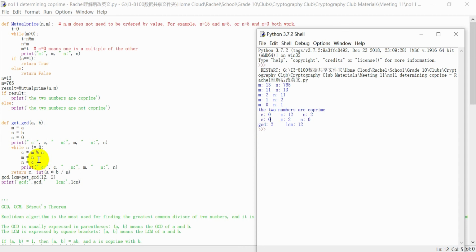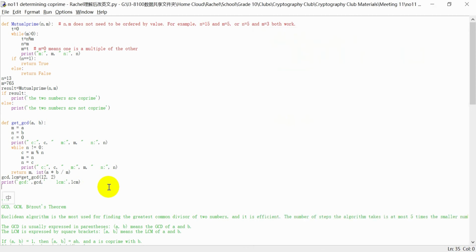Because n becomes 0, the loop stops, and it returns m, which is the greatest common divisor, as 2, and then the integer of a times b divided by m, which is 12 times 2 divided by 2, and that equals 12. So that's how we got the greatest common divisor and the least common multiple.